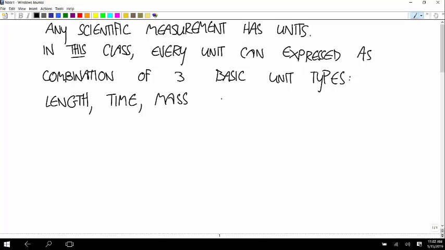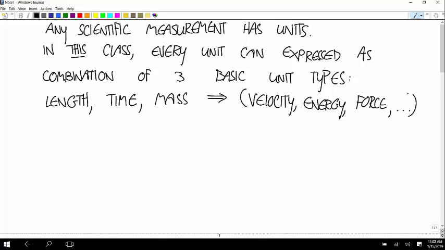And we'll use those to come up with a couple of other combinations of units, like units of velocity, acceleration, energy, force. So this list can go on and on, but the key thing is that everything in this class, so velocity is a length per time.